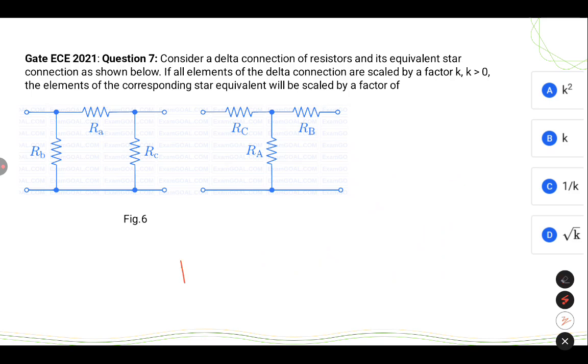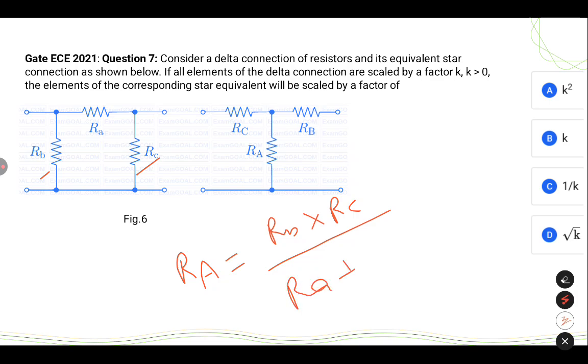What is Ra actually? Ra equals Rb into Rc divided by Ra plus Rb plus Rc. This is the formula. Now what are they saying? All elements of the delta are scaled by k, so the elements of the corresponding star equivalent will scale by what factor?